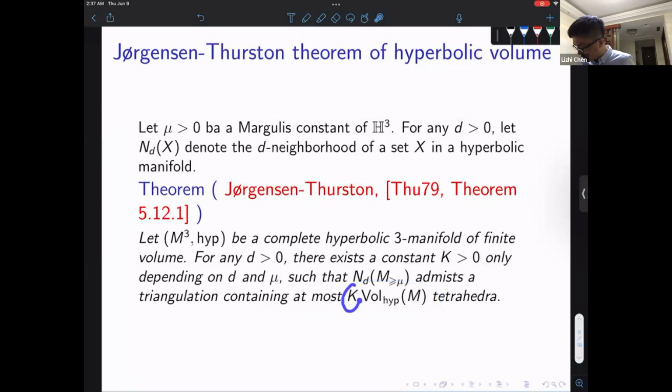Here, the constant k is only related to the Margulis constant mu and this constant d. I introduced this theorem because it will be a bridge between the two sides: one side is hyperbolic geometry, another side is the asymptotic geometry in my title.